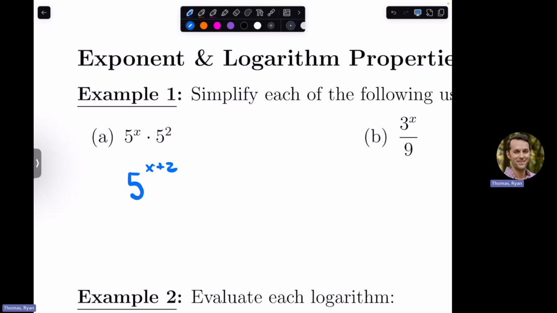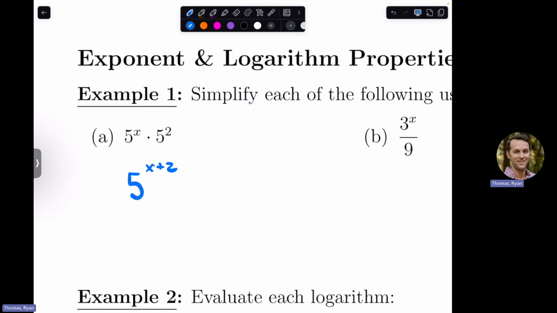It's kind of a cool thing as functions too. 5 to the x times 5 squared, if I think of that as a function, right? Exponential growth, 5 to the x, times 5 squared, which is 25. That's like a vertical stretch by 25. It's on the outside. 5 raised to the x plus 2 is on the inside, that would be like shifting 2 to the left.